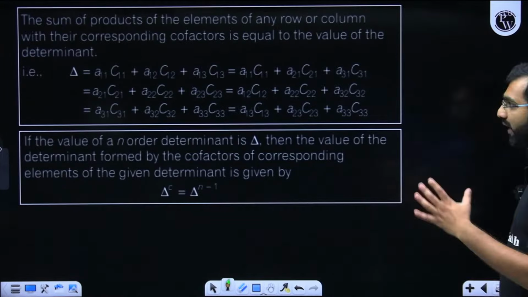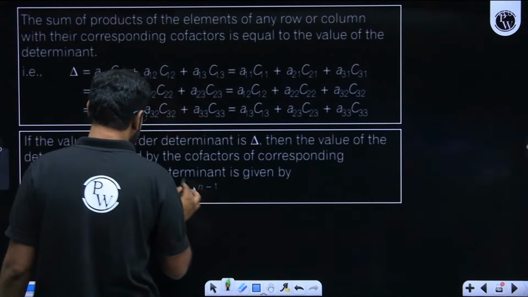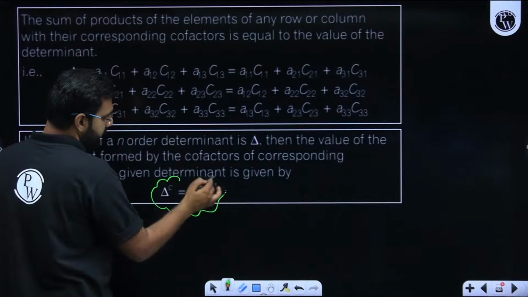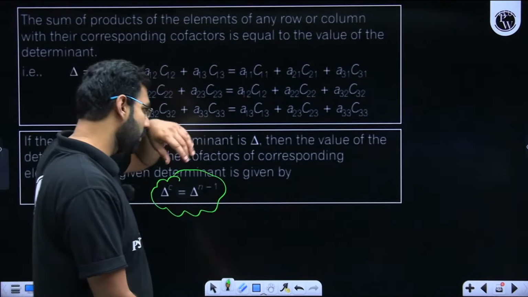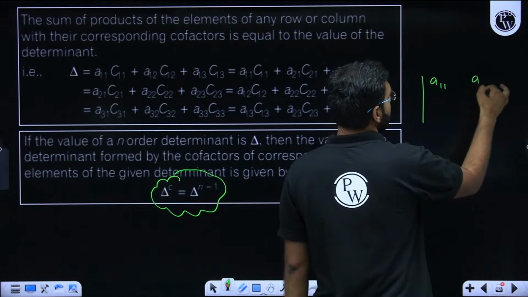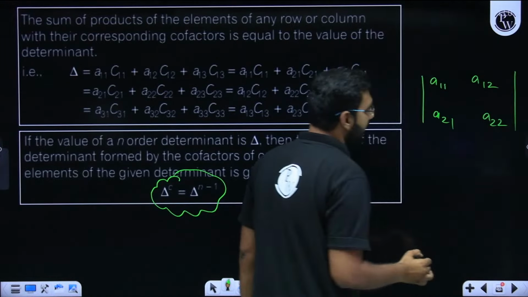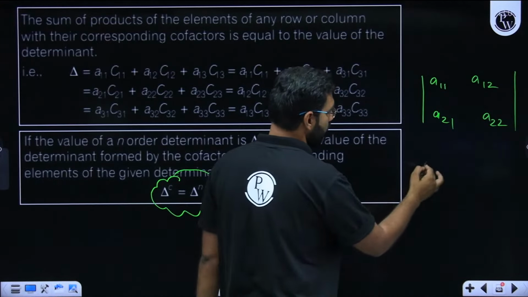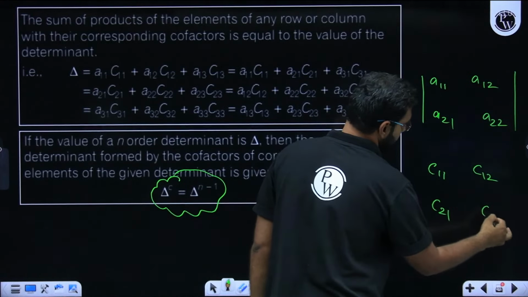You know what cofactors and minors are. I need not give you information on that, but one thing you should remember. Let's say there is a determinant made by the cofactors of all the elements. So let's say there was a determinant with a11, a12, a21, a22, and I take the cofactors here, denoted by C11, C12, C21, and C22.